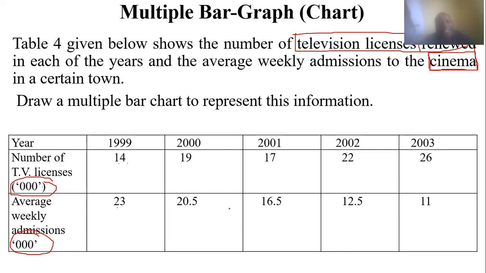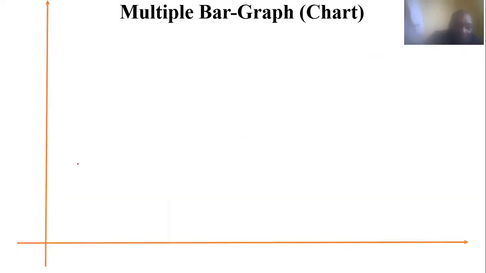So we now present this data on a multiple bar graph. First, we divide our scale uniformly, probably using our ruler.